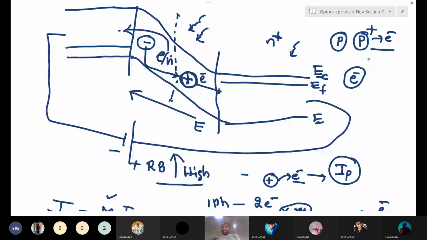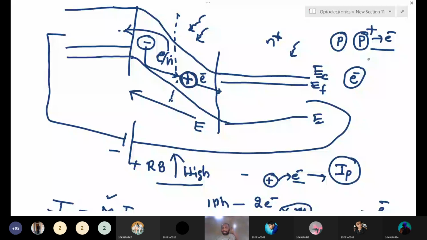This is what we call ionization. Instead of being neutral, with an equal number of electrons and protons, here it either receives or leaves an electron. Impact means the electron is making a collision with this positive donor atom or neutral donor atom, so it is creating one more extra electron.